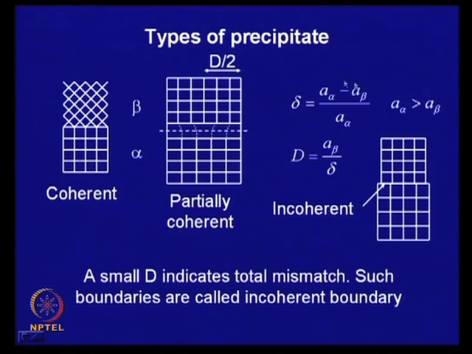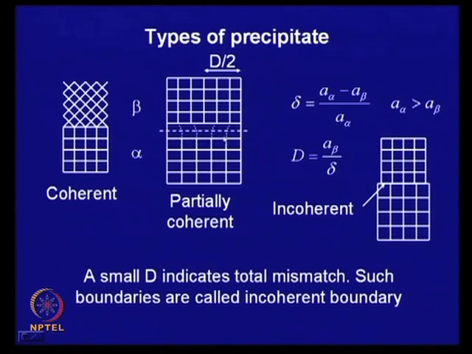So, this is a measure of that lattice strain, and in this particular case A alpha is greater than A beta, and it is possible to find out this lattice mismatch. This mismatch is equal to the lattice parameter over a certain distance; here there is a perfect matching, here there is a perfect matching, but halfway between you have maximum mismatch.